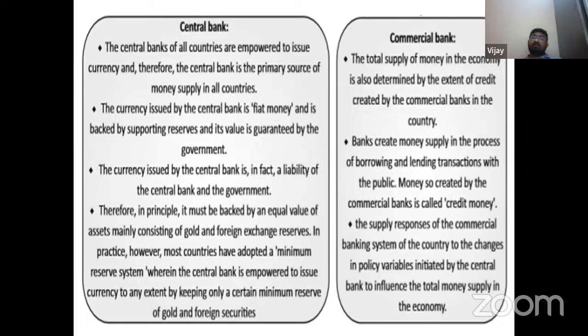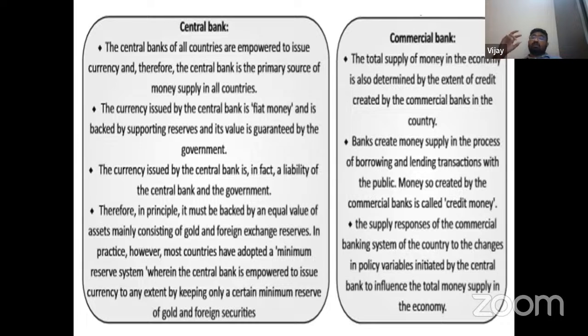For example, if you have 500 crores as your reserve, in the form of gold, forex and securities, this is what we call the minimum reserve, based on which RBI will print the currency notes.